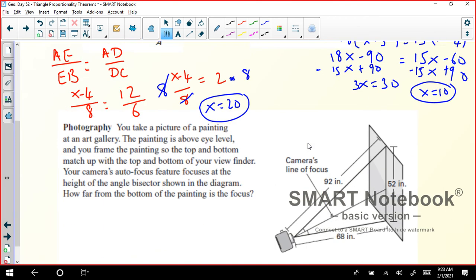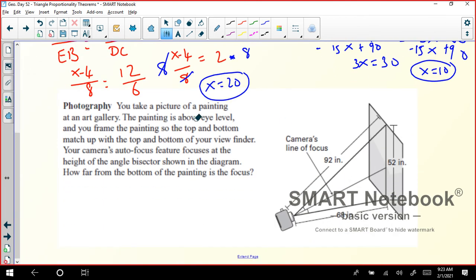Let's try the last one on this slide. You take a picture of a painting at an art gallery. The painting is above eye level. This is your eye level. You frame the painting so the top and bottom match up with the top and bottom of your viewfinder.